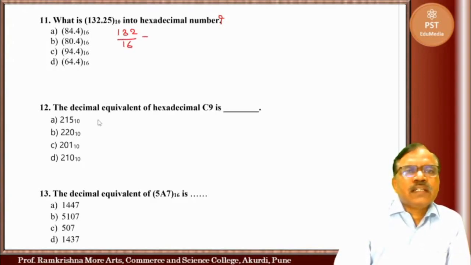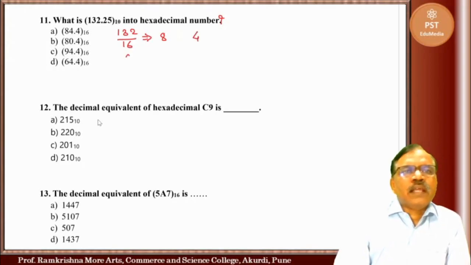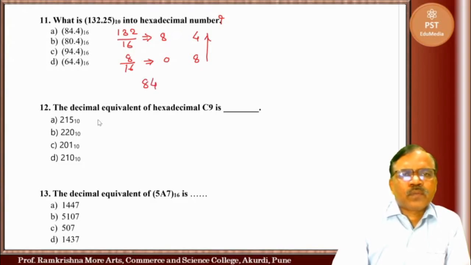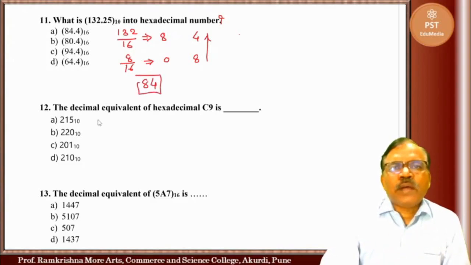The quotient is 8 and the remainder is 4. Then 8 divided by 16, the quotient is 0 and the remainder is 8. So we get 84 for 132.